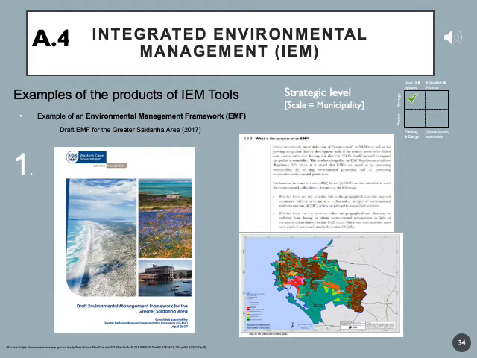The first example of an applied IEM tool is the environmental management framework, and this is a real example of the EMF for the Greater Saldanha area, which was completed in 2017. It was done for the entire municipality, as you can see from the map. It was done at a strategic level and at an issue identification and option stage.